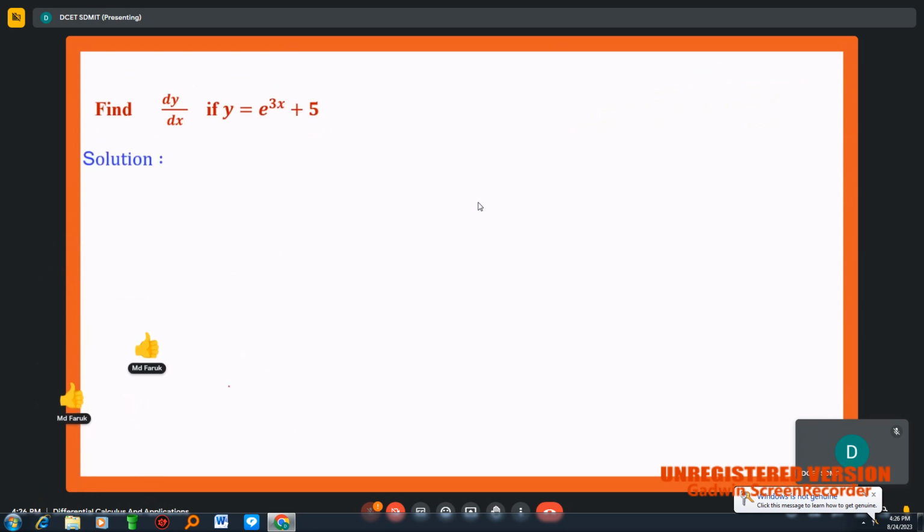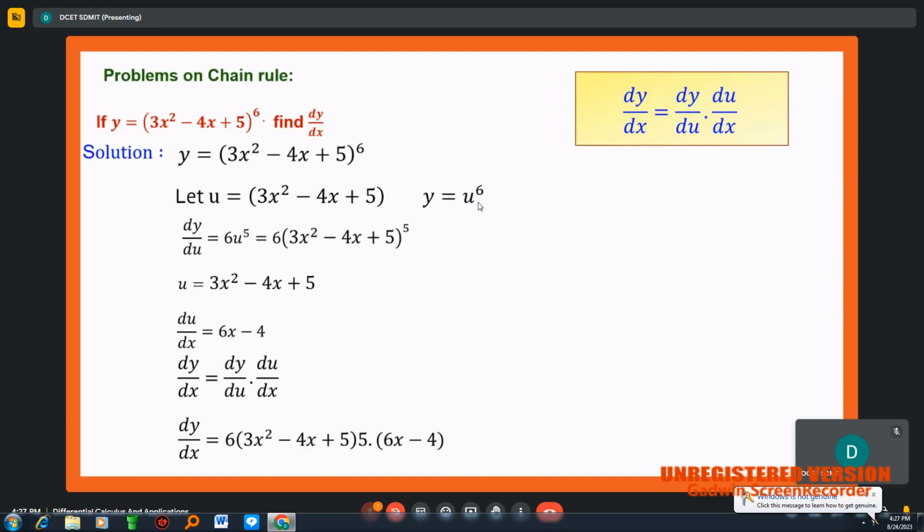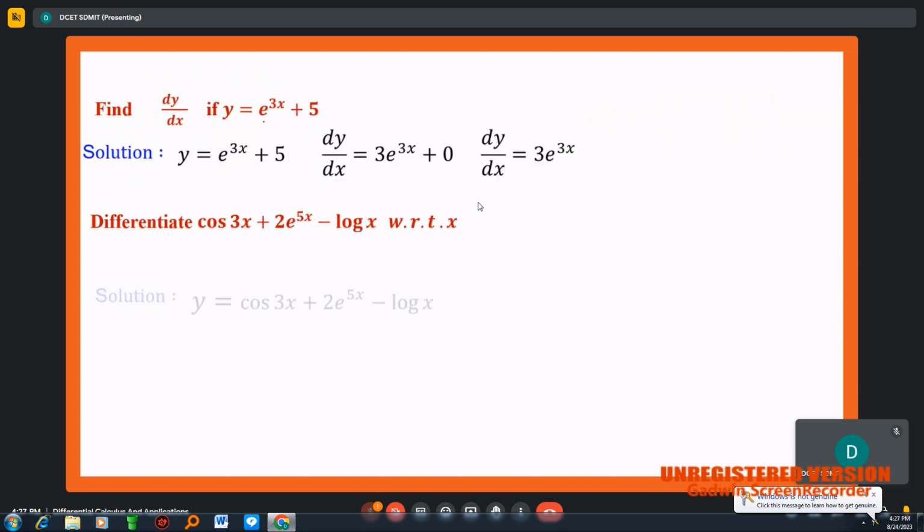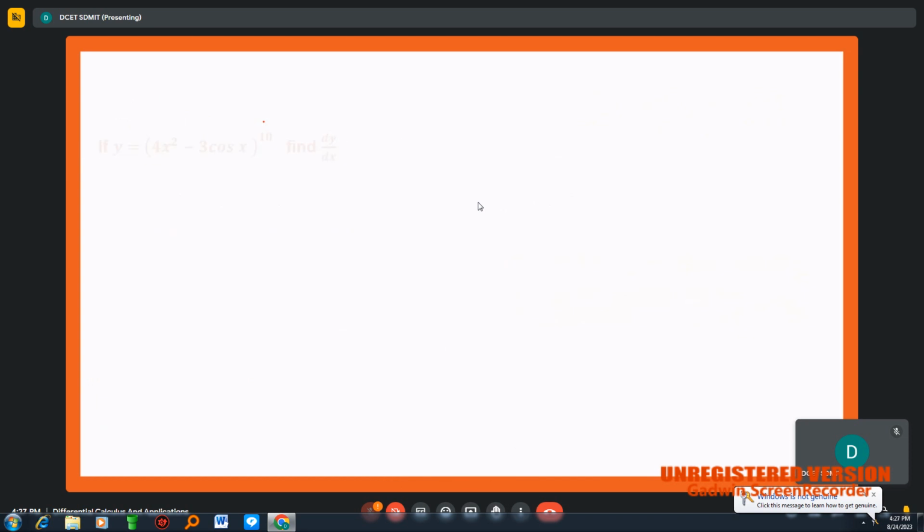Okay, now again, one more problem. If y is equal to (4x² − 3 cos x) to the power of 10, find dy/dx. Again the same procedure as in the previous problem.